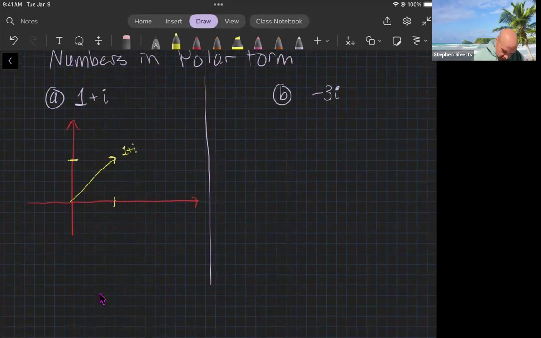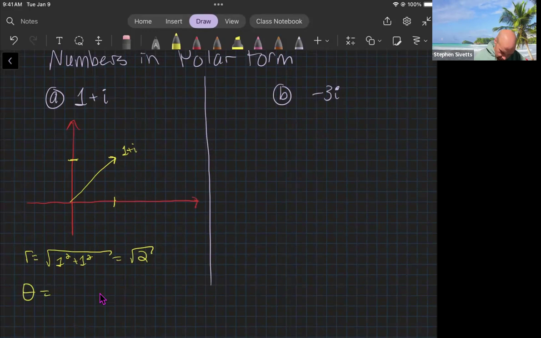What we want to do is figure out what r is. r is equal to the square root of 1 squared plus 1 squared, which is the square root of 2. Theta, on the other hand, we want to look at the inverse tangent of y over x, so in this case 1 over 1.